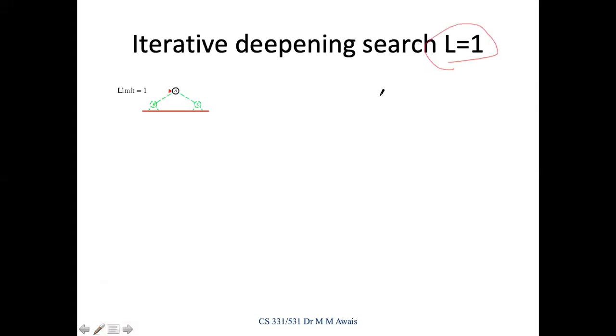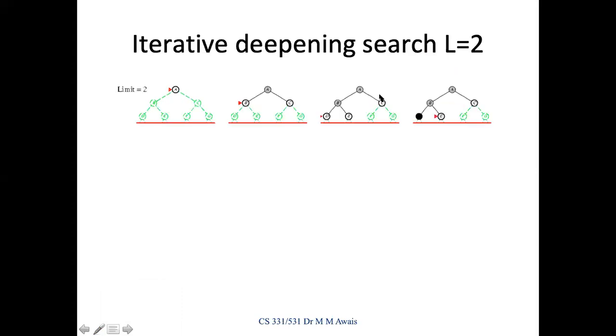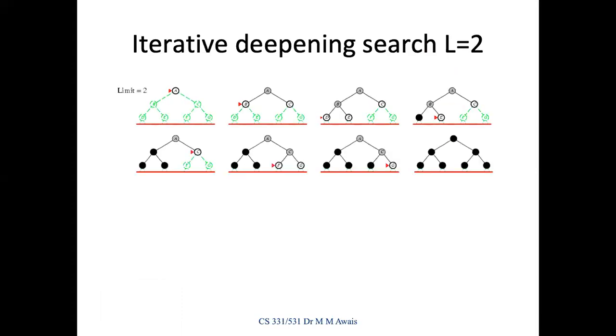Okay, so if your depth is let's say 2, then finally all the nodes that are present up to level 2 are evaluated. Okay, and you may increase this value of L.